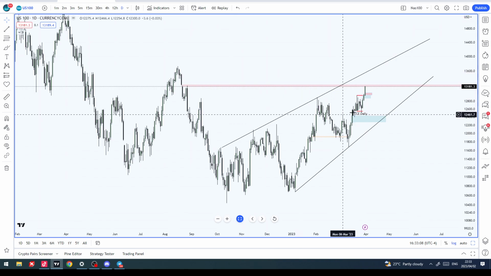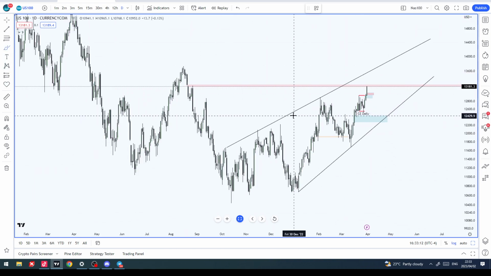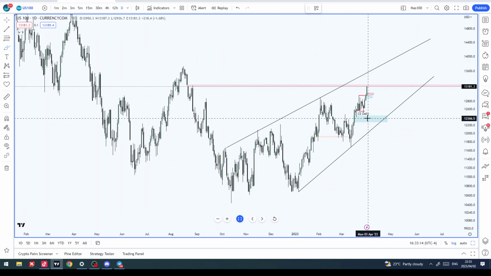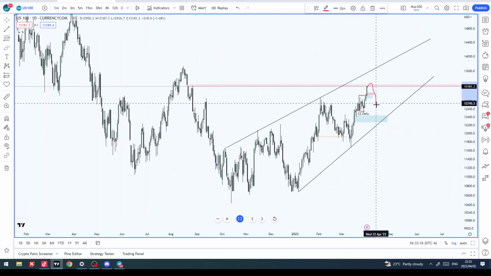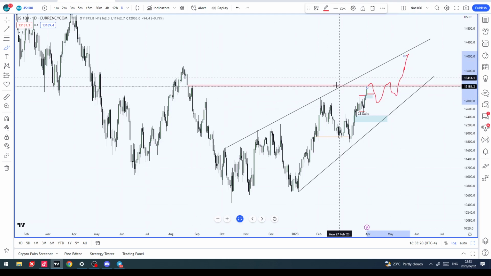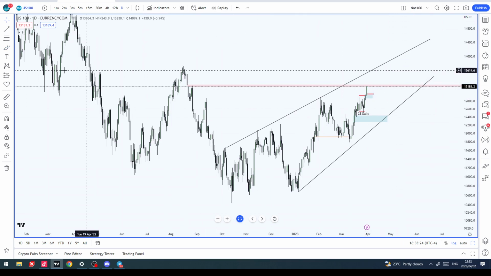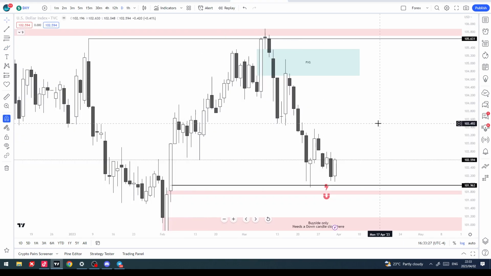So now we wait. Now we wait. Trend is up here, no doubt. It can go sideways and up. We don't know. Or it can just carry on going up. We don't know what NFP is going to bring to the party this week. It all depends on what this guy is doing.